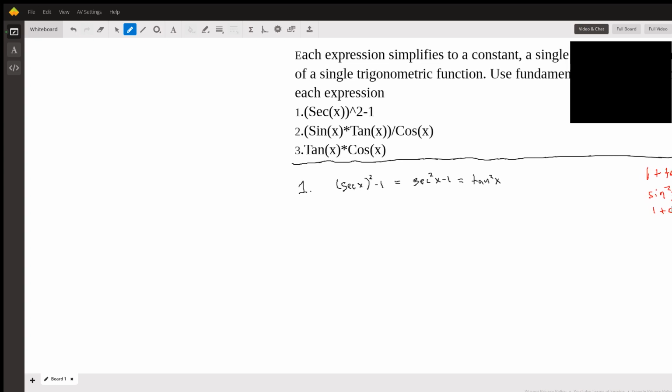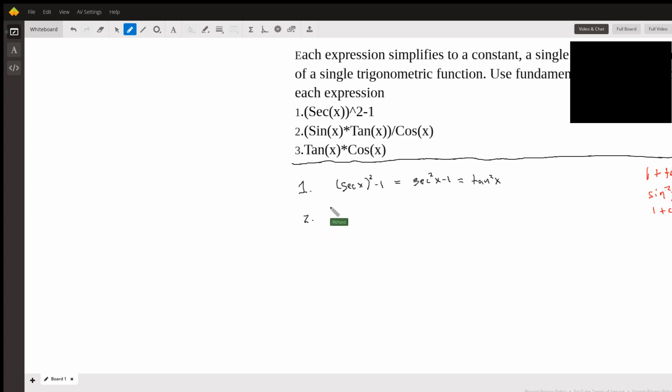You can see if you memorize the first one, you can just work with the reciprocals here. Trying to memorize these can be a pain in the neck.